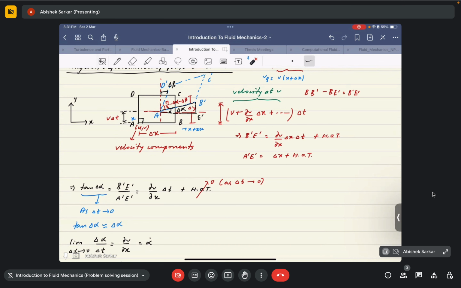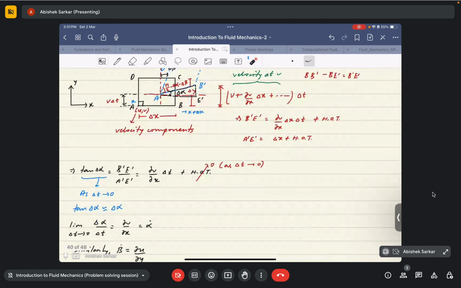That's why we consider delta t to be very small, and that's why in fluid mechanics it is actually the rate of strain rather than the total strain that is a more important physical parameter.